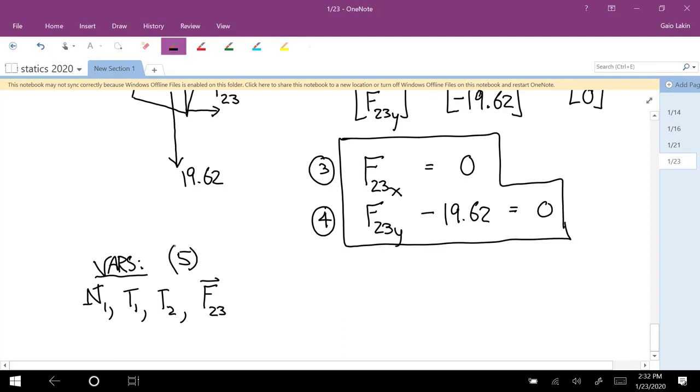And you might think, well, this one, we already know that F23x is equal to 0, right? So you can get rid of that equation, get rid of that variable, and say that we now only have 3 equations and 4 variables. And that's fine, that's totally right. I tend to find it easier to just keep them all until the end.